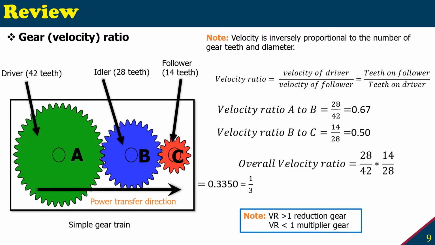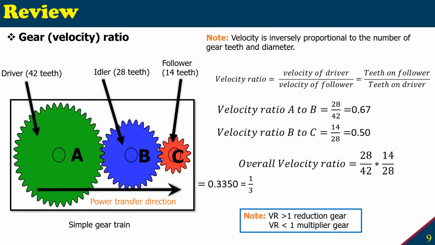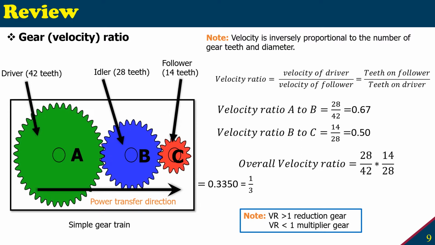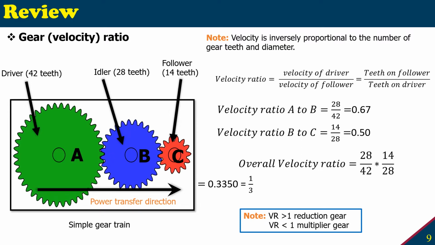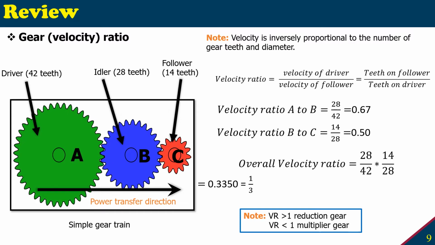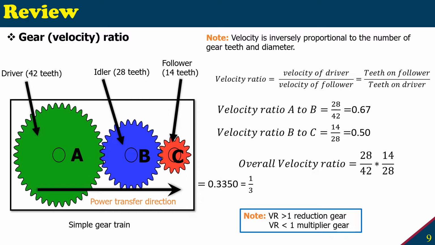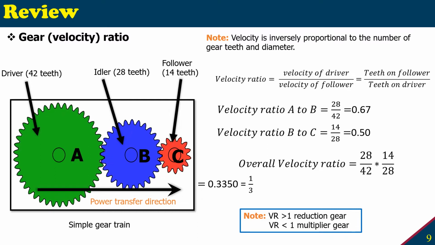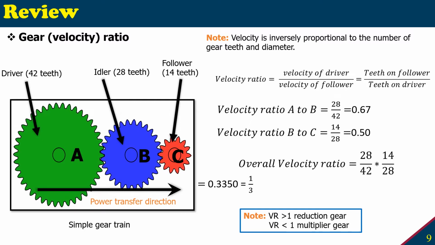The red one is moving faster compared to the green one, because the green one has a larger diameter. For this simple gear train, the velocity ratio is the velocity of the driver over the velocity of the follower. Since it is inverse to the number of teeth, it is equal to teeth on the follower over teeth on the driver.